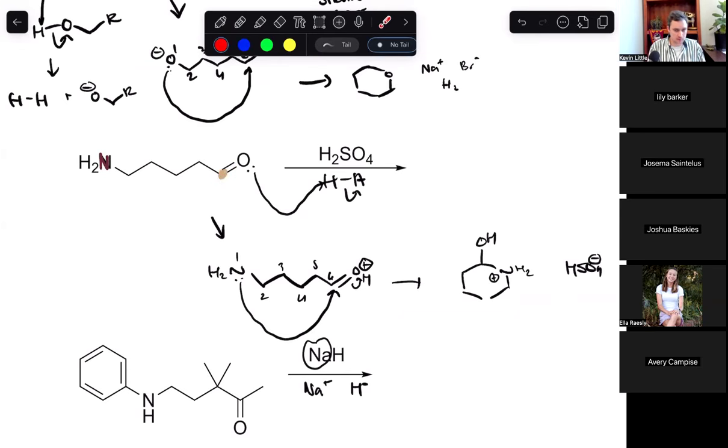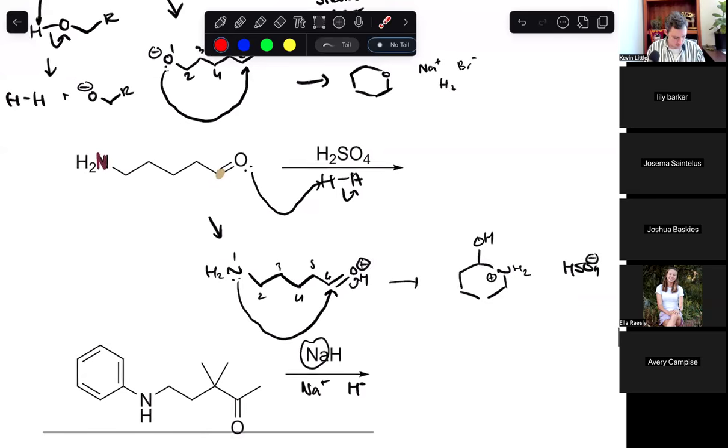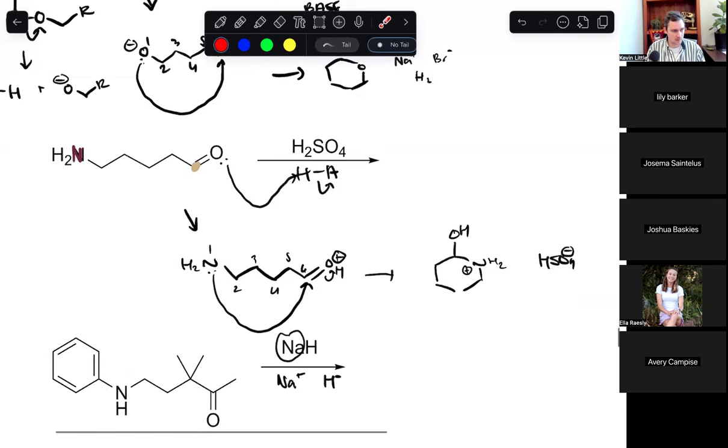There's nowhere to put it, so we put it on the oxygen. It's always going to be the case with carbonyls that this oxygen takes a proton, then you attack the carbon. You kind of get used to that pattern, but yes, it takes it because this has lone pairs to take the hydrogen with.